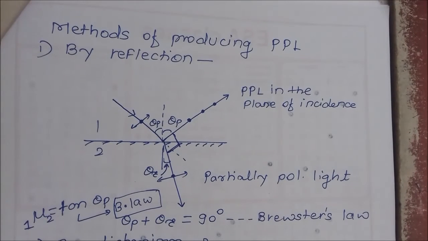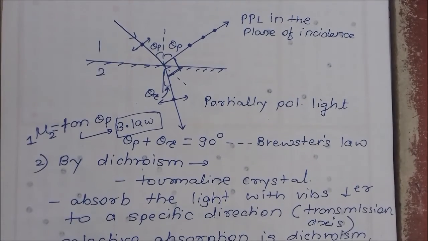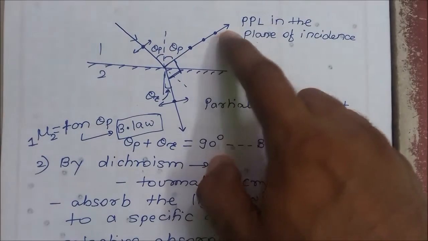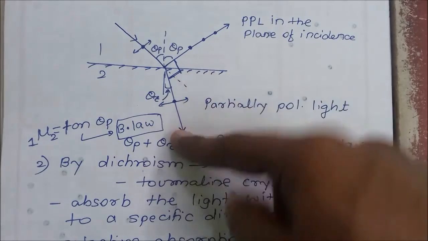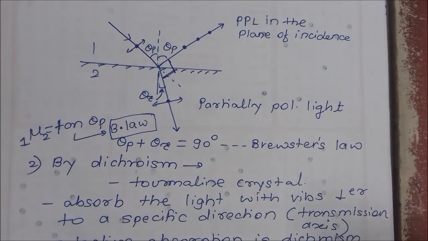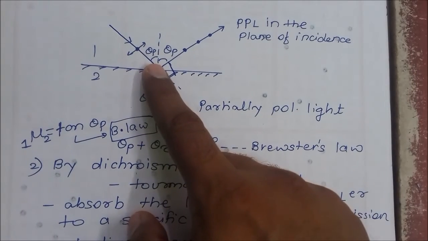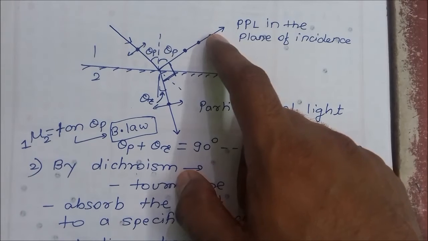Methods of producing plane polarized light. First one is by reflection. When light gets reflected, the reflected light is partially polarized, and the refracted light is also partially polarized, but at a particular angle, the polarizing angle theta p, the reflected light is completely polarized.